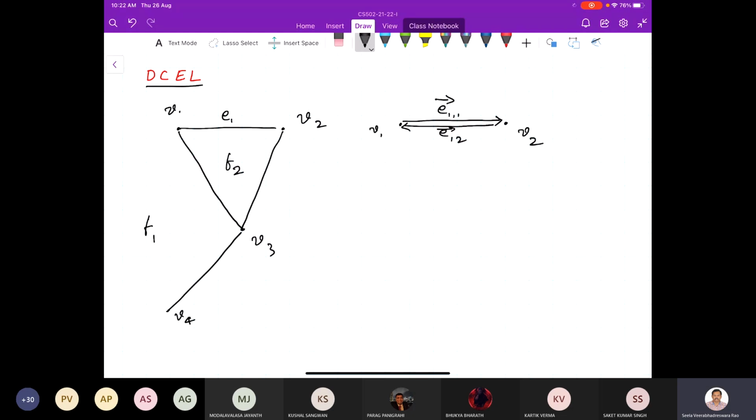Similarly, this edge is E2 in this one, this is E3, and so on. Similarly, we replace the others also in the same manner.